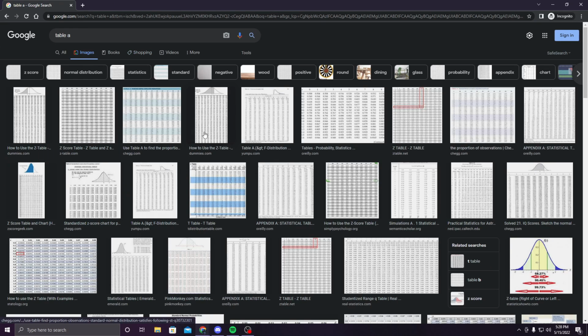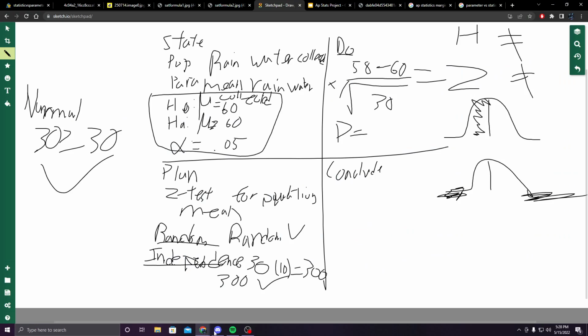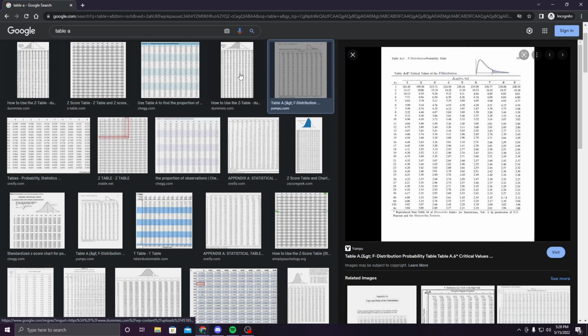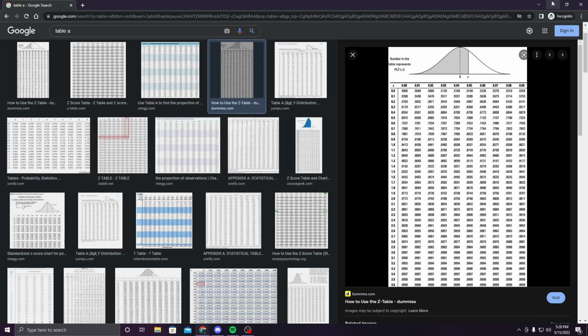Alright. So table A is for z-scores. Let's just say it was negative 2.9. Or, let's say it is, what's the other side? .9972.